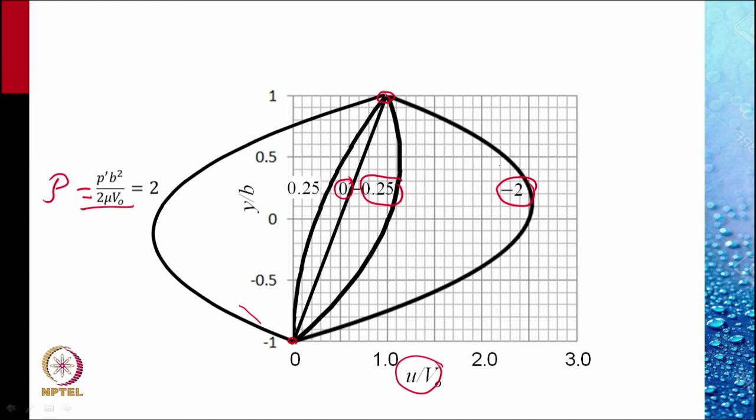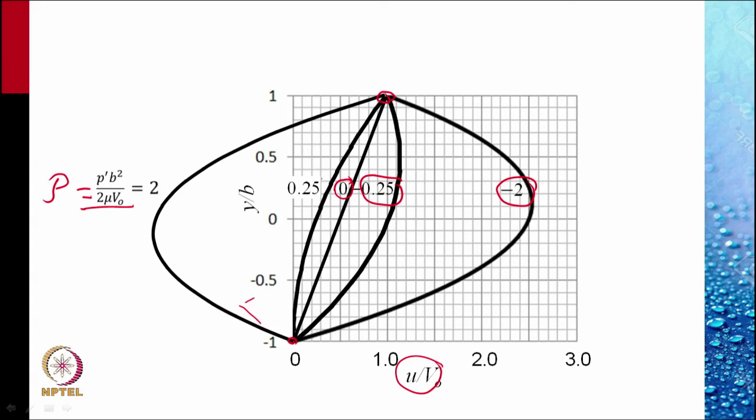Skewed parabolic profiles. For positive value of P prime, that is for the pressure increasing in the downward direction, the profiles are shown on the left.